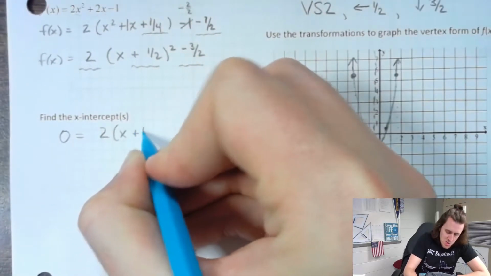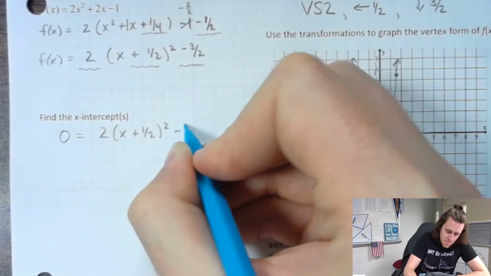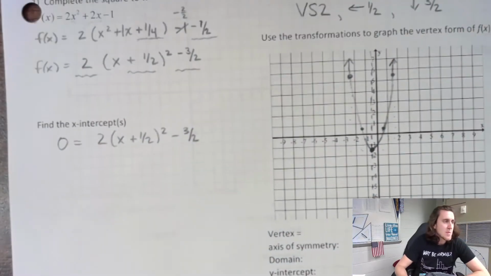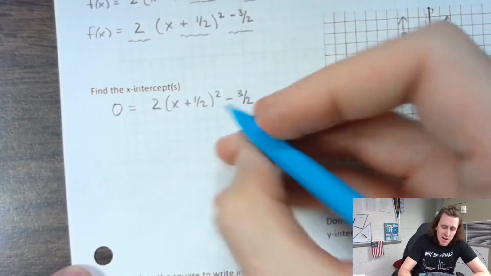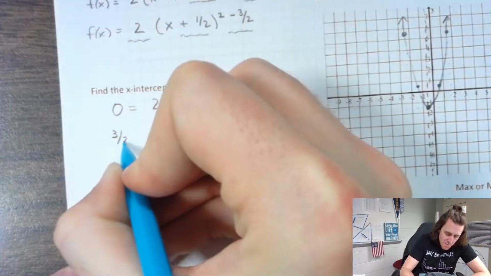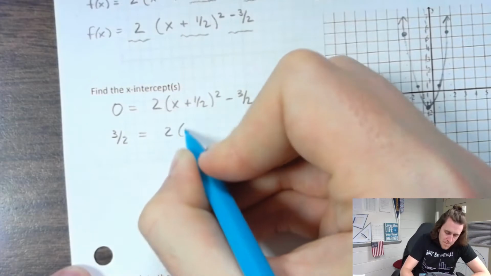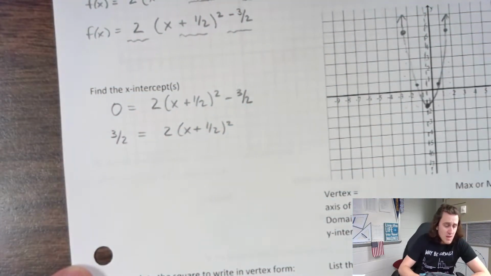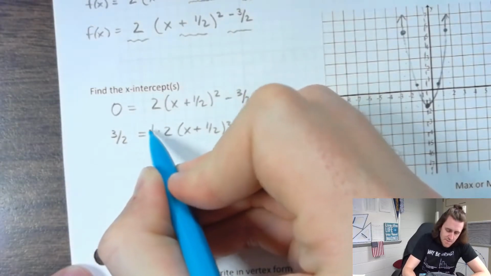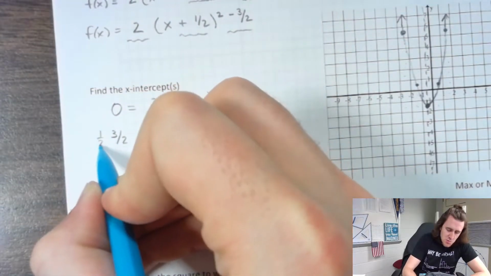and then trying to solve for x. Okay, so I want to get the x by itself. So first we're going to add 3/2 to both sides. Multiply by a half on both sides to get rid of the 2.